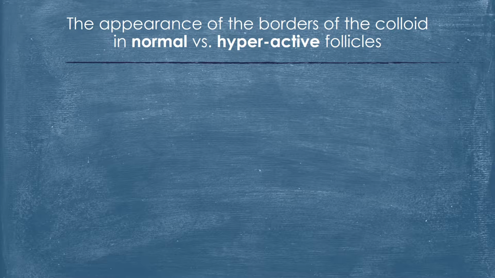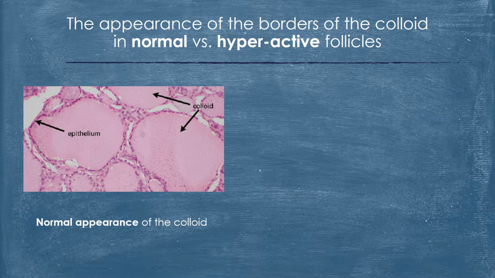Here is the appearance of the borders of the colloid in normal versus hyperactive follicles. Here we see the normal appearance of the colloid. These are the cuboidal epithelial cells or follicular cells, and here we have the colloid.